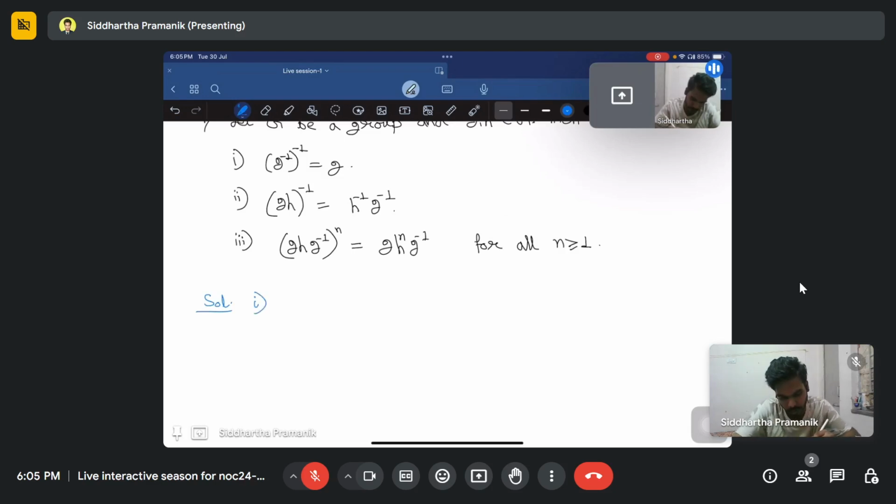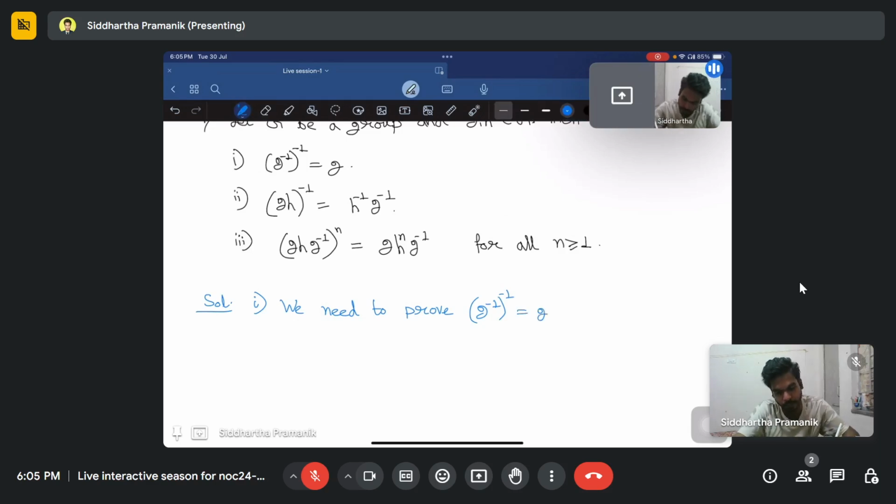So in the first one, we need to prove inverse of g inverse is same as g, right? So we need to prove inverse of g inverse is same as g.